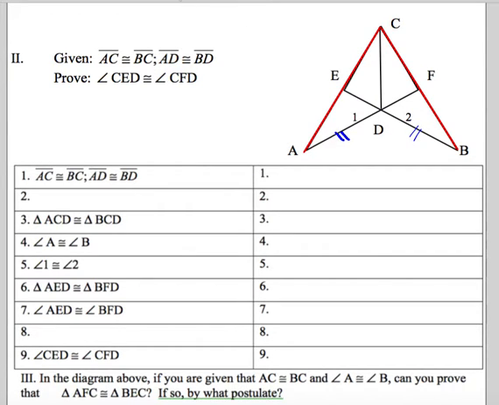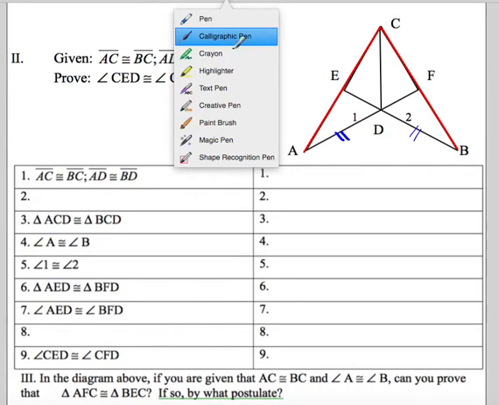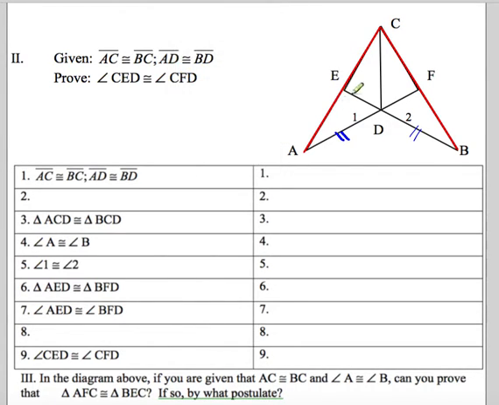And so those two given pieces of information tell me that I'm going to be using a triangle that has those two sides. So I'm going to outline the triangles that I'm using right now.